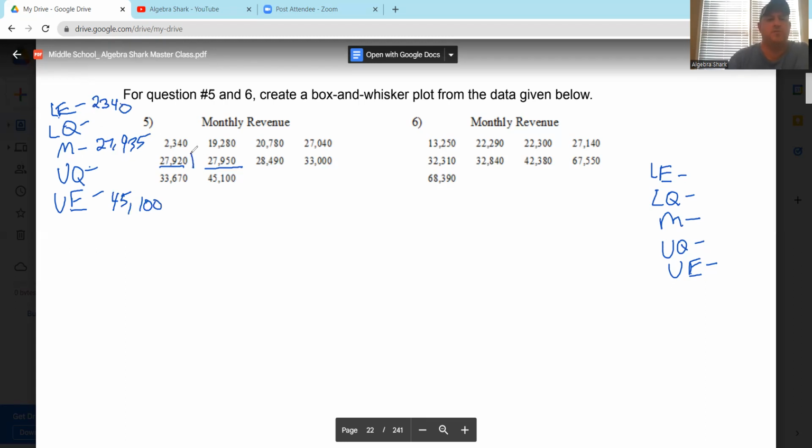So if I take this first middle number along with the lower extreme and find the middle of those, the middle would be right here at 20,780. Okay, for the upper quartile, since we had two middle numbers, we'll take the larger middle with the upper extreme and find the middle, and that would be right here at 33,000.